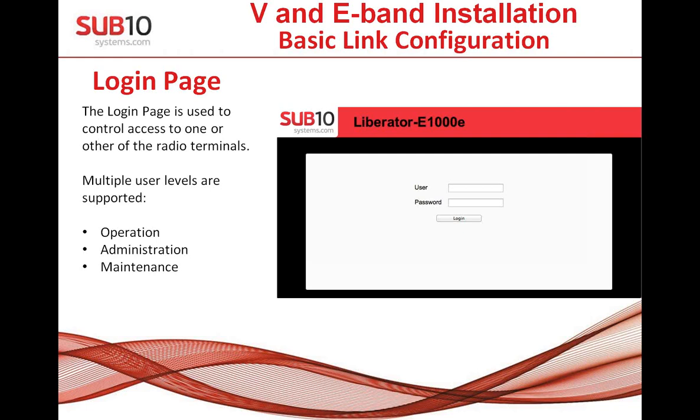Keep in mind, it happens from time to time that people are using V1000, but you have to check whether you have the old platform or the new platform. The new V1000 platform has this web interface. You see the Sub10 logo and a big red line. If the web interface is more gray, it's the old V1000 platform, and typically the issue is with firmware upgrades: you have to look at what platform you have, old or new, and then select the right version.